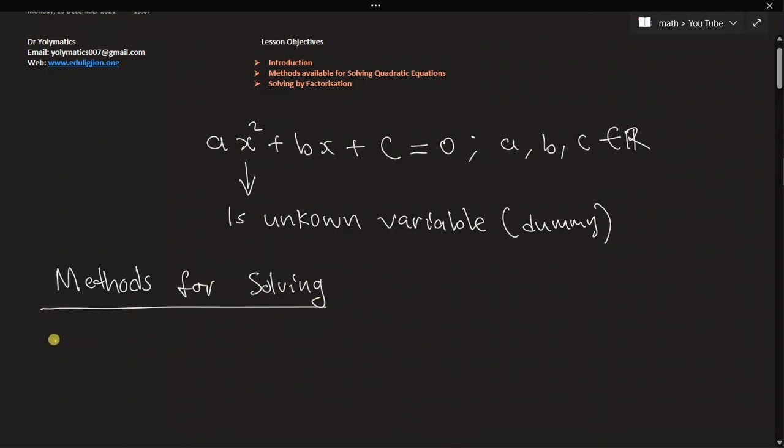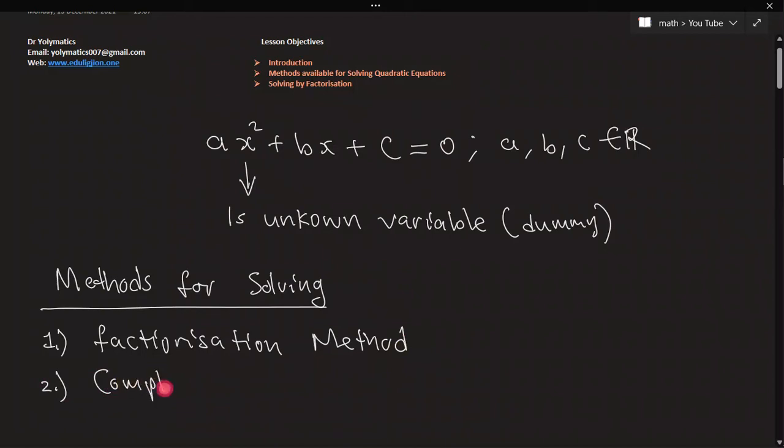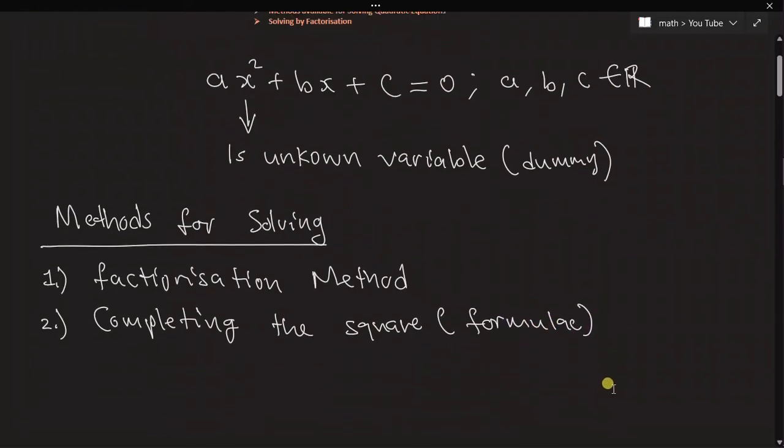We have different methods for solving these type of equations, and those involve the factorization method, and then completing the square, which is also the formula in some way.